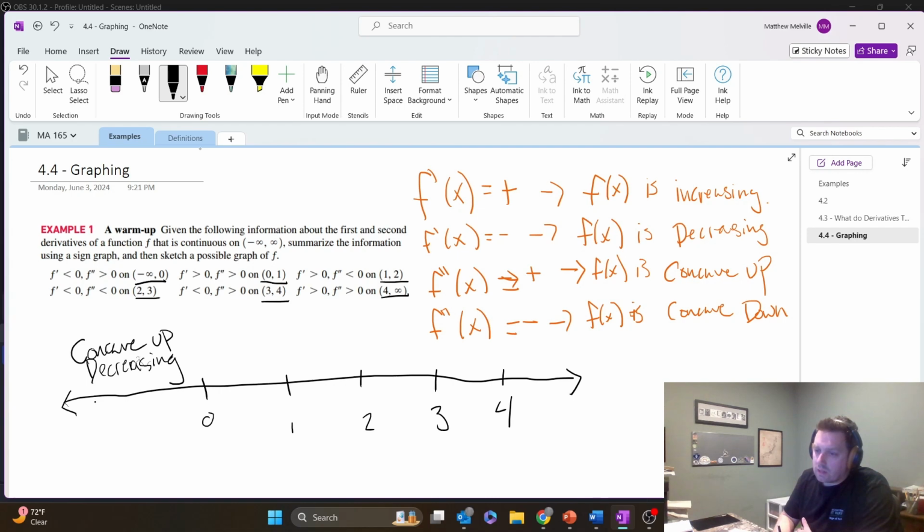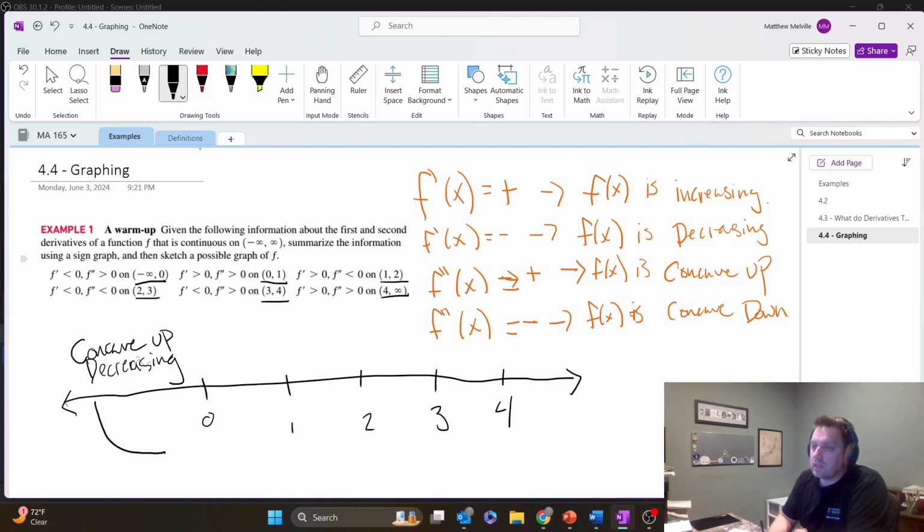What does a decreasing, concave up function look like? Kind of like this. My derivative is increasing from really negative to less negative, which means it's concave up, but it's a decreasing f of x value.